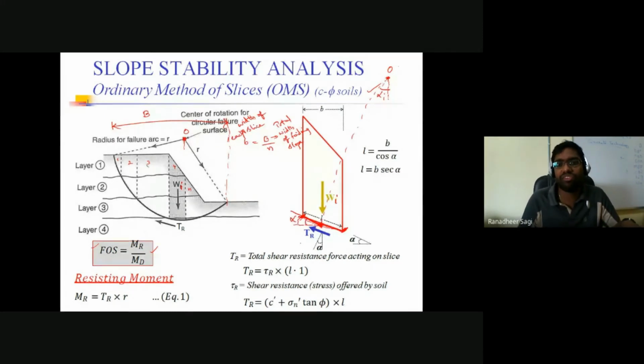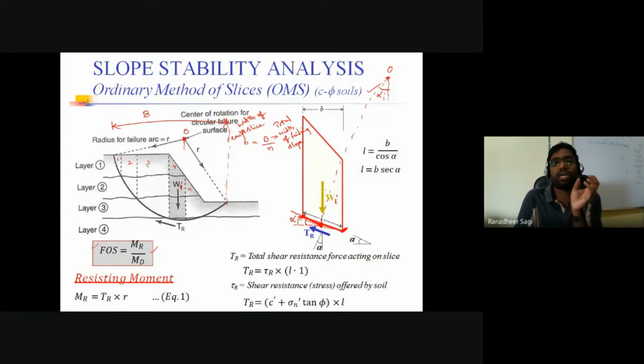Now, what does that alpha_i indicate? According to our general terminology, it is simply the angle at which your failure surface exists. But that angle is indicated with respect to the mid distance position. So why are we defining this angle with respect to the mid distance position? Each element has some weight.